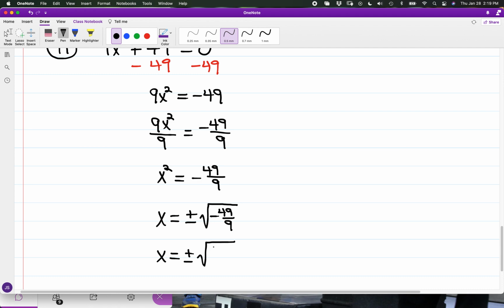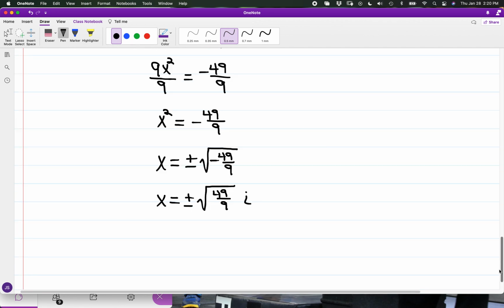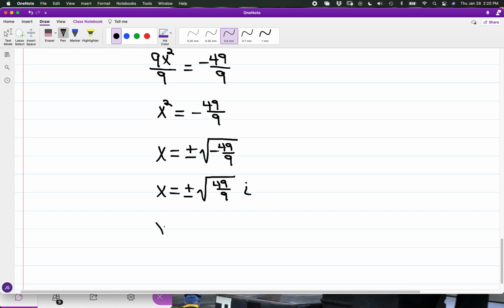So you have plus or minus the square root of 49 ninths i, and the numerator and denominator are both perfect square terms. So in this case, the square root of 49 is 7, square root of 9 is 3, so the square root of 49 ninths is going to be 7/3.